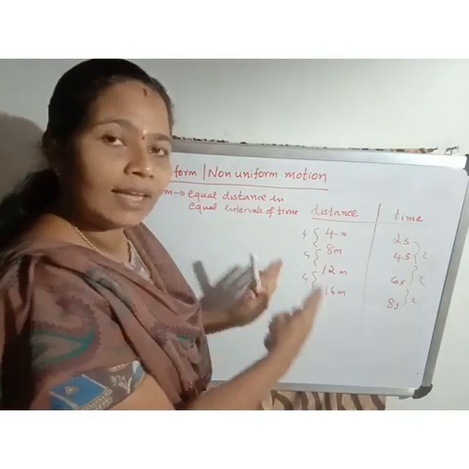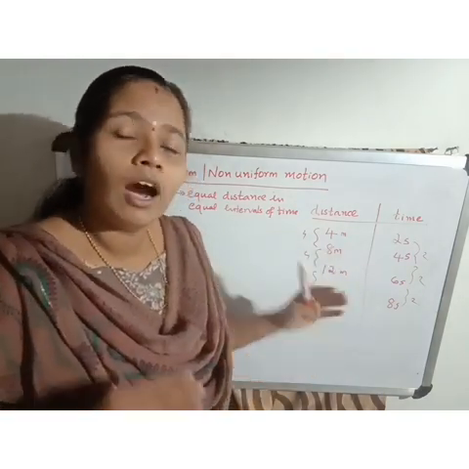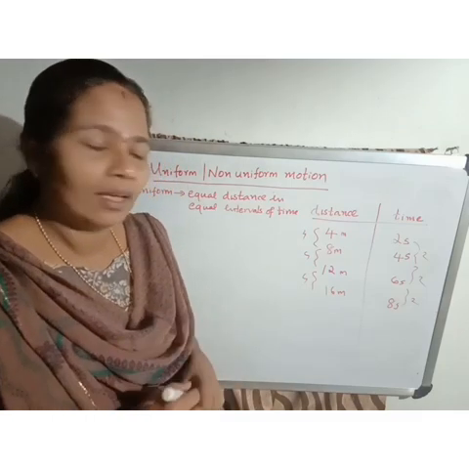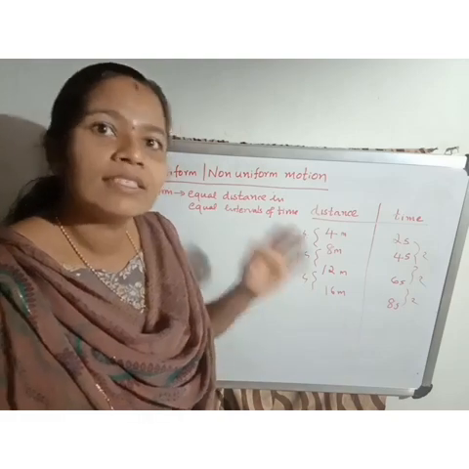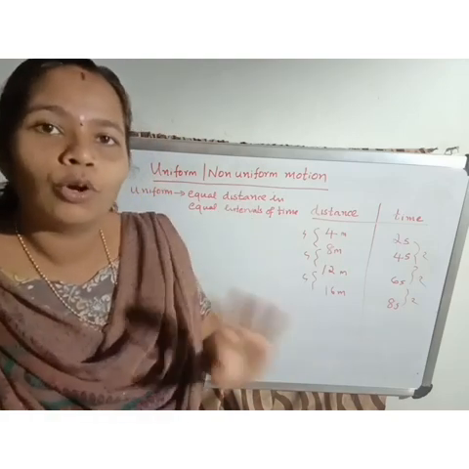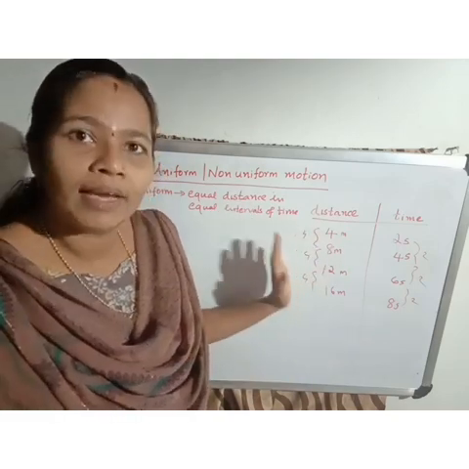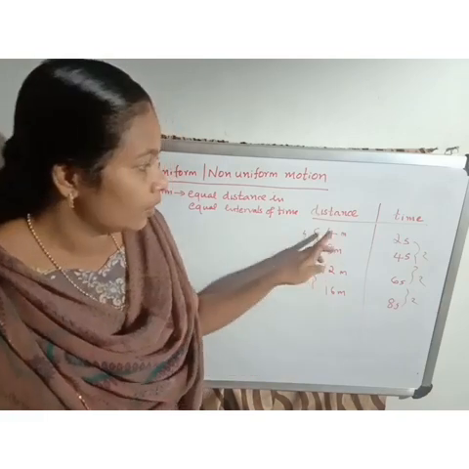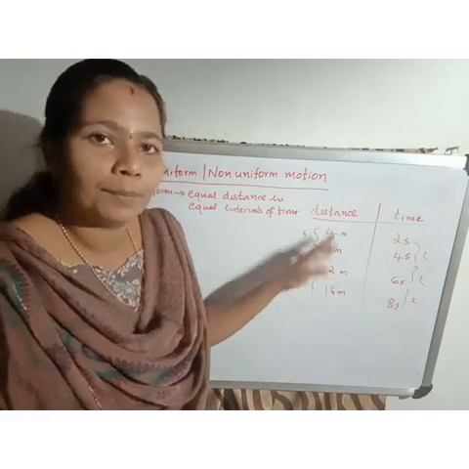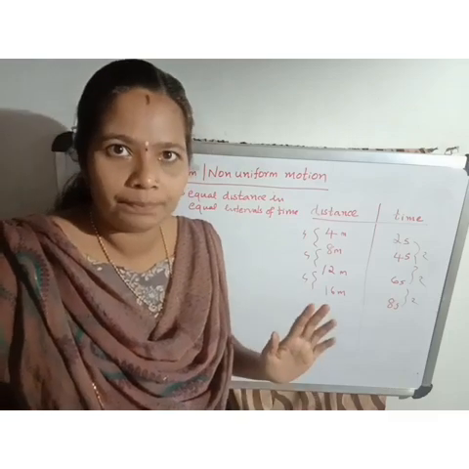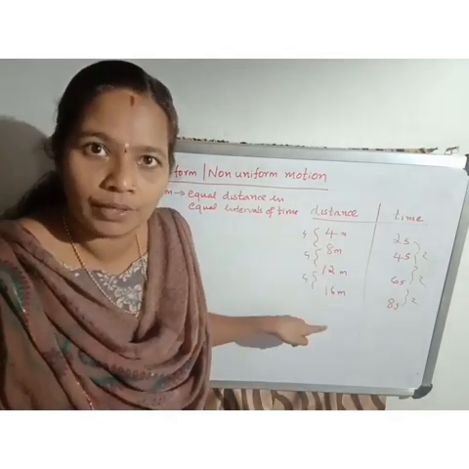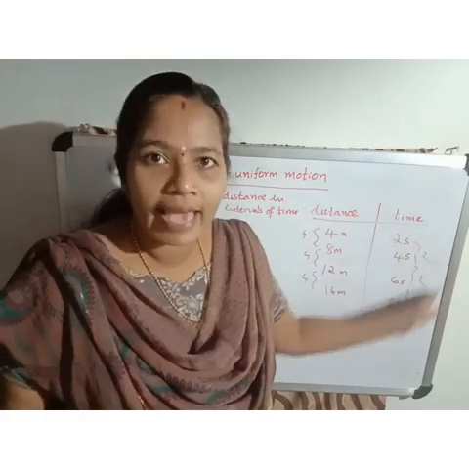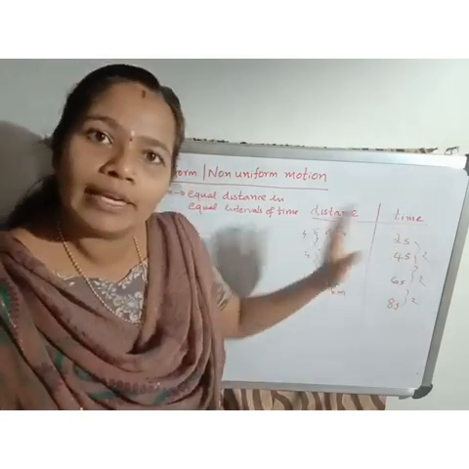If you are looking at the distance time graph, at a glance itself we can make sure whether it is uniform or non-uniform motion by using this concept, because the gap between each consecutive number will be the same.